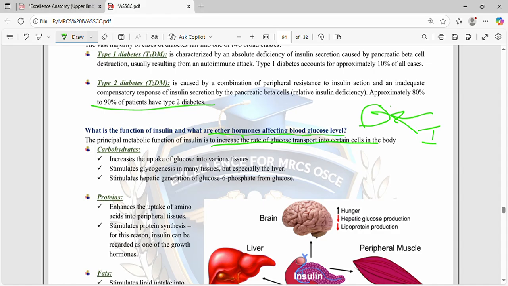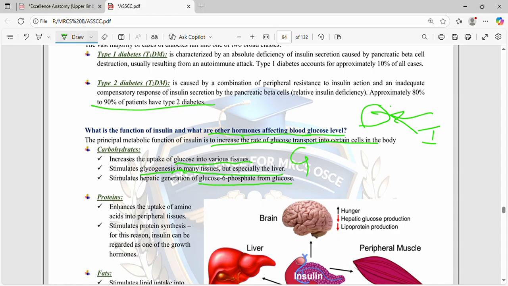What is the effect of insulin on carbohydrates? It increases the uptake of glucose into various tissues, stimulates glycogenesis in many tissues, but especially in the liver, and stimulates hepatic generation of glucose 6-phosphate from glucose.